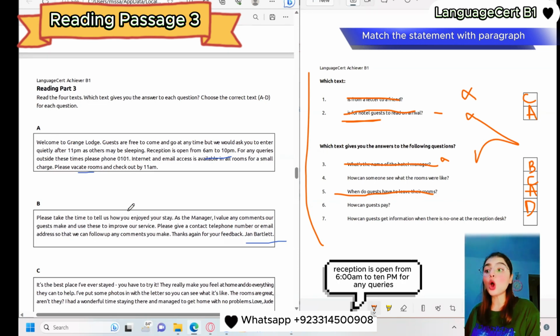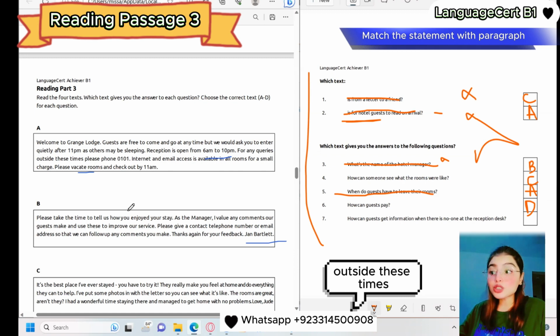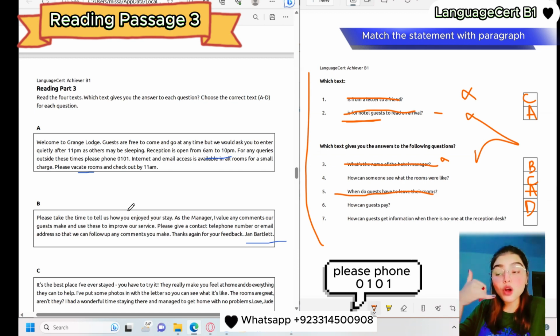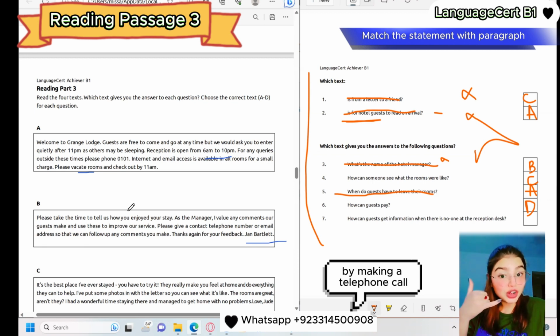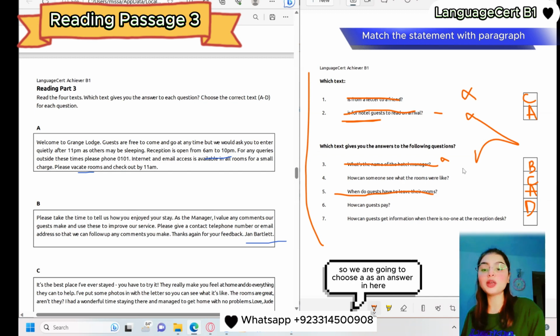"Reception is open from 6 a.m. to 10 p.m. For any queries outside these times, please phone 0101." This means that the guests can get information when there's no one at the reception by making a telephone call, and that is available only in A. So we are going to choose A as an answer in here.